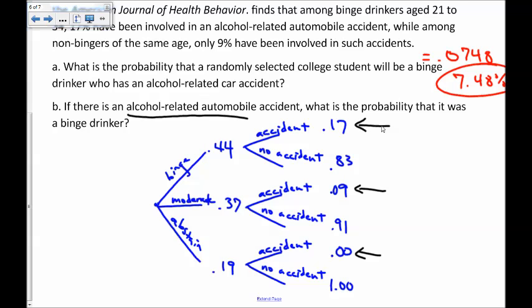So I just found that binge drinkers who were in an alcohol-related automobile accident is 0.0748. And I can similarly find it for moderate drinkers as 0.37 times 0.09 and get that to be 0.0333. And if I multiply 0.19 times 0.00, I get 0. Okay, now I'm looking at out of these 3 cases, so I will add these up.